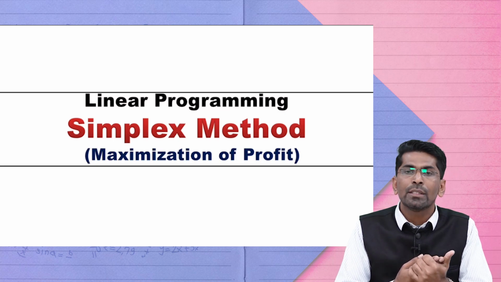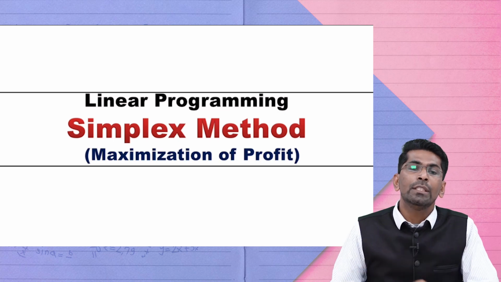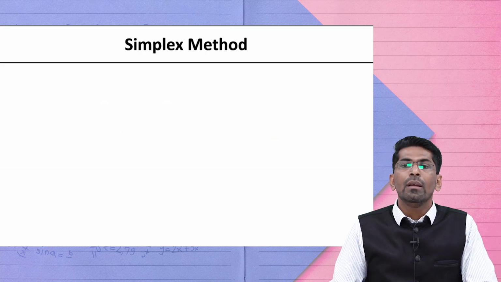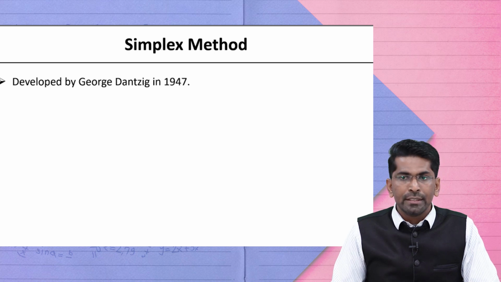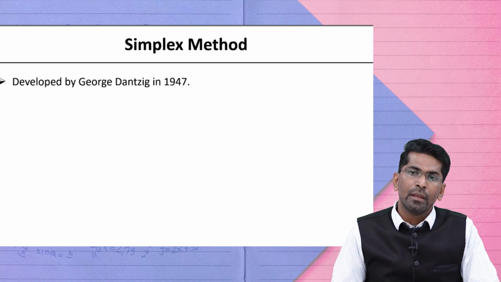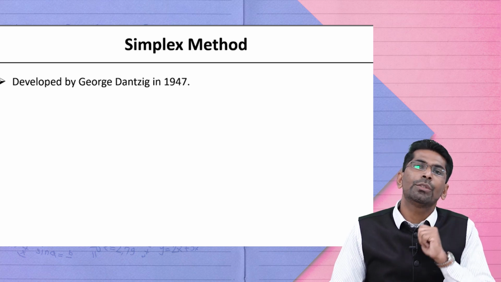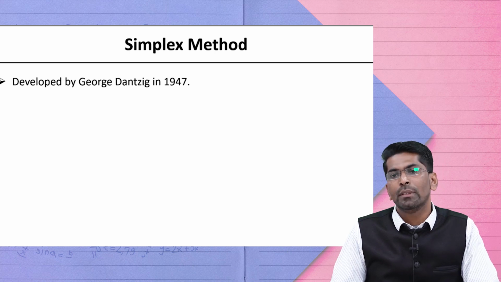So today we will discuss what the simplex method actually is, considering one example related to the maximization of profit. The simplex method was developed by George Dantzig in 1947. It remains one of the most efficient methods for solving large scale linear programming problems.